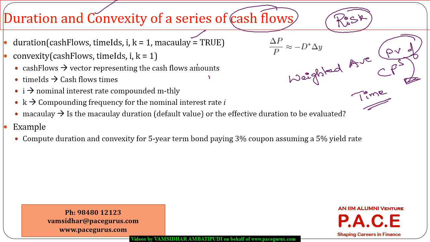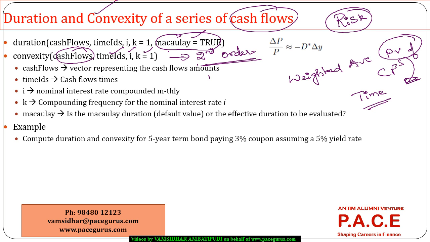When it comes to convexity, we just need to give the cash flows. Typically convexity is called a second order measure of the riskiness of the bond. I'm not going into the theoretical depth of it. Again, I have to give all remaining the same, only there is nothing called Macaulay versus effective here. So these two, we say that we can measure the risk of the bond.